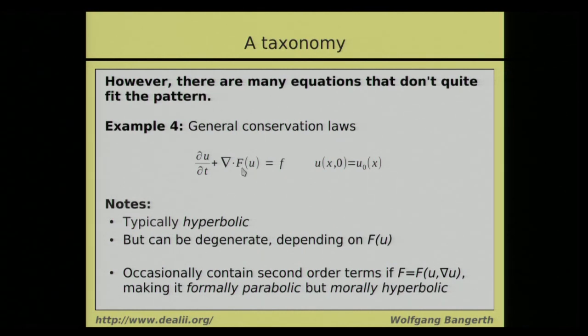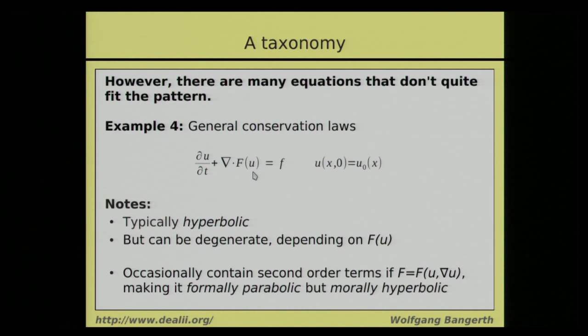F would be a matrix that is dim by dim plus 2, and if I take the divergence of this, I get a vector of size dim plus 2. Depending on the exact form of this F, it might be degenerate. So it might not actually be hyperbolic in the strictest sense, but morally speaking, this equation is hyperbolic.